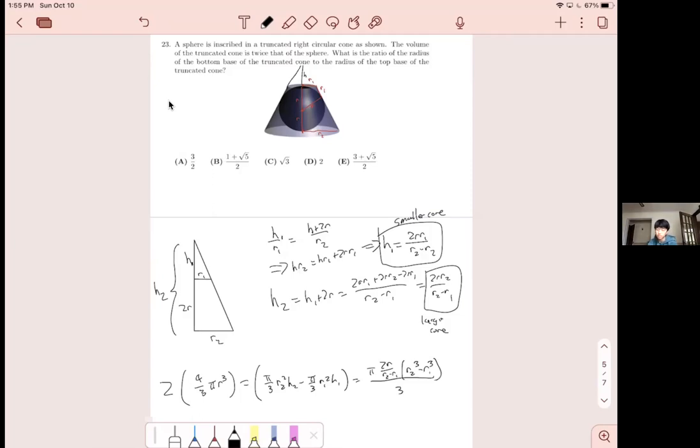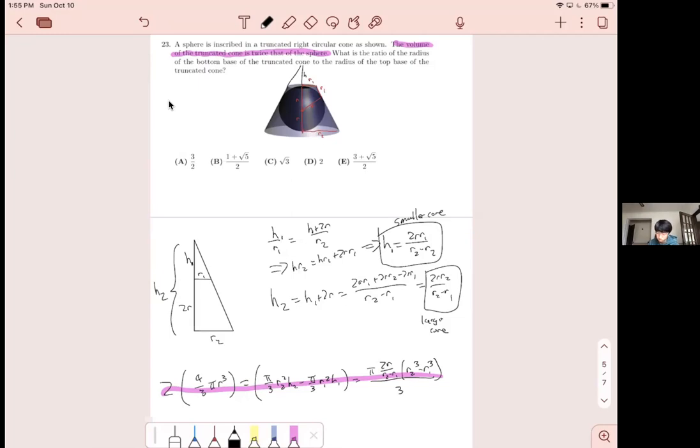So we have this equation from the volume of the truncated cone being twice that of the sphere. Algebraically, that's what this is. They're the same. The volume of the truncated cone is equal to the difference of the volume of the cones.